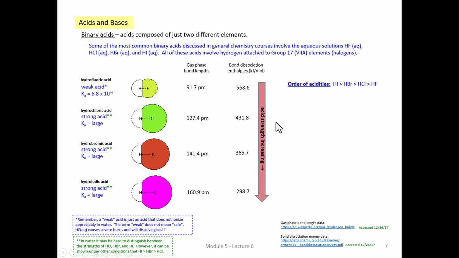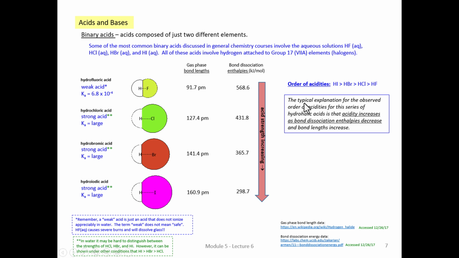And so what's normally said in general chemistry textbooks is that the acid strength is increasing, which it is, as the bond dissociation energies drop and the bond lengths increase. The order of acidities: HI is the strongest, followed by HBr, then HCl, then HF.